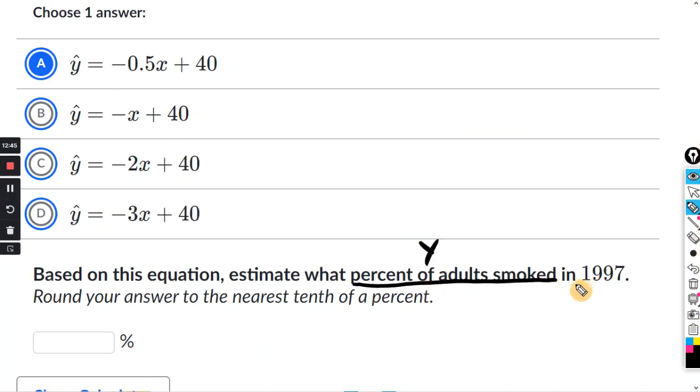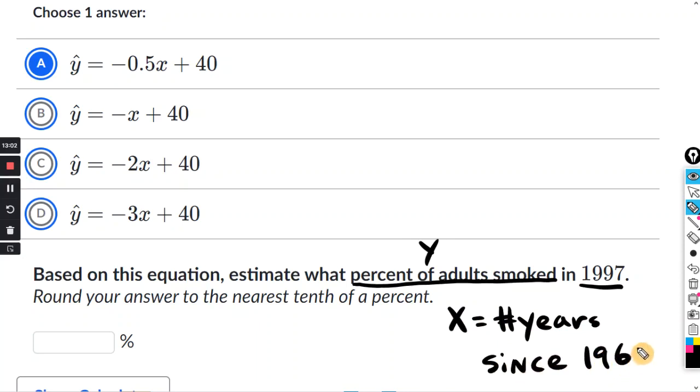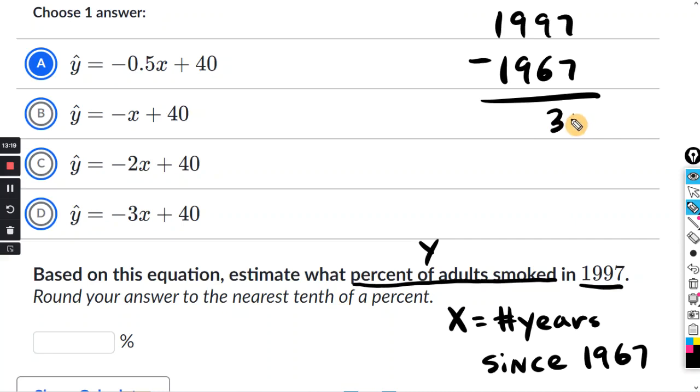And in 1997, we said x equals the number of years since 1967. So if we're looking at 1997, how many years is that after 1967? Well, if you just do 1997 minus 1967, you're going to get 30. That's 30 years since 1967. So x equals 30.